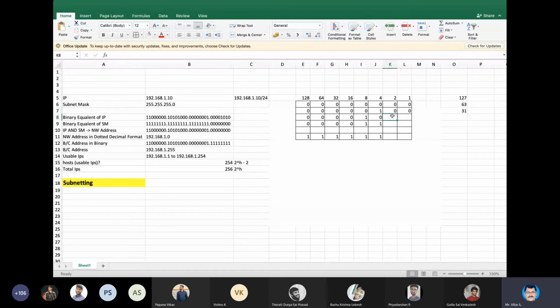Am I making it complicated? Have you understood why I have put 0 here, the highlighted ones?